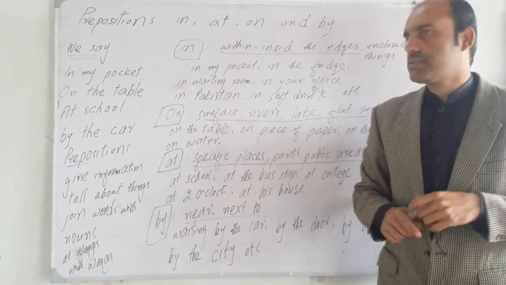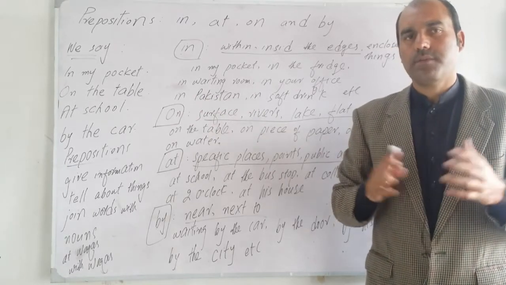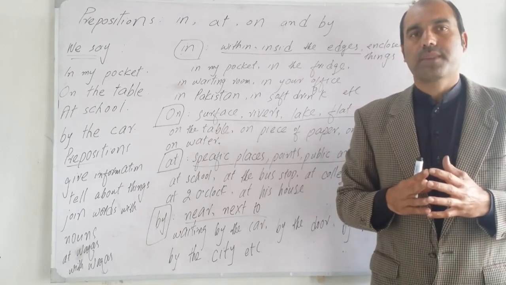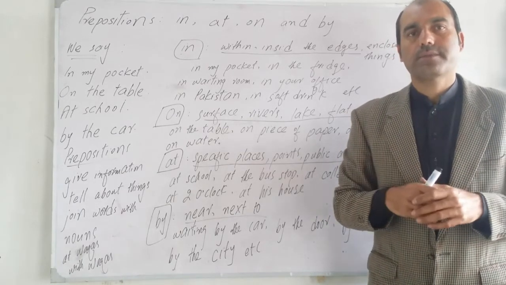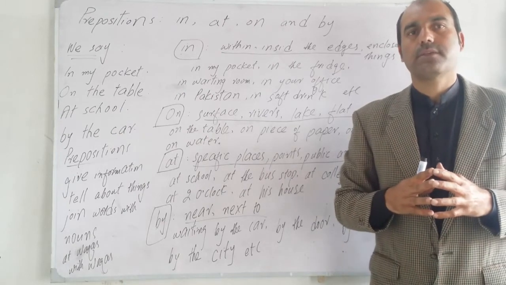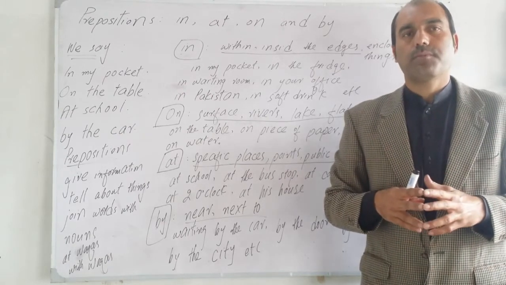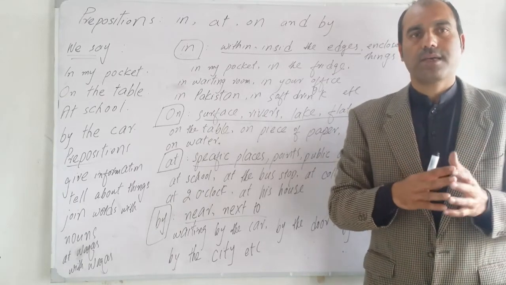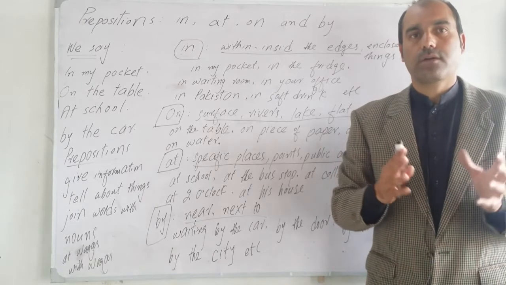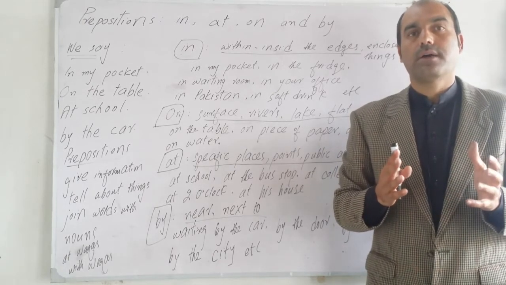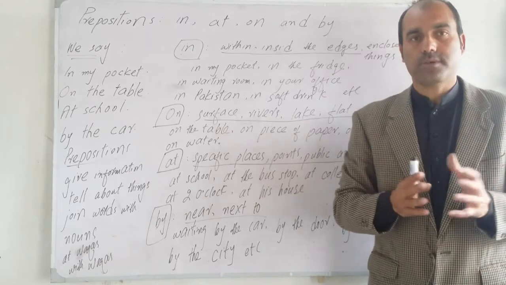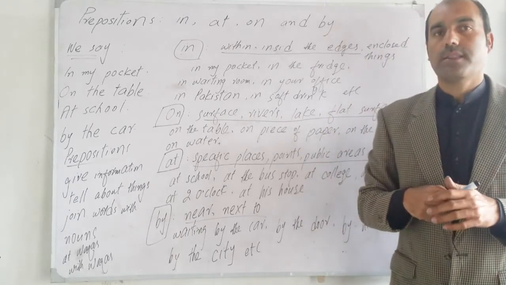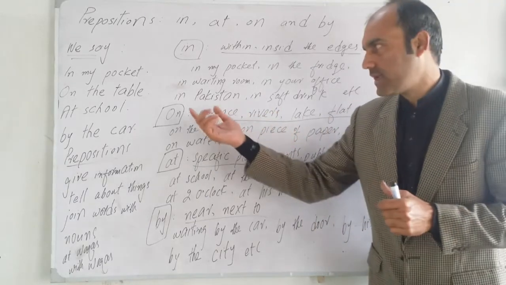maybe this point is in your mind that Pakistan is not an enclosed country, but still it has boundaries, it has borders. So for places which don't have walls, or they're not enclosed, but still they may have boundaries, they may have borders, for all of them you can use the preposition in, like in Pakistan.